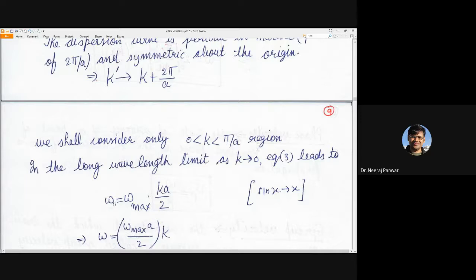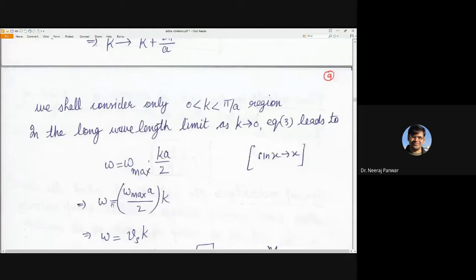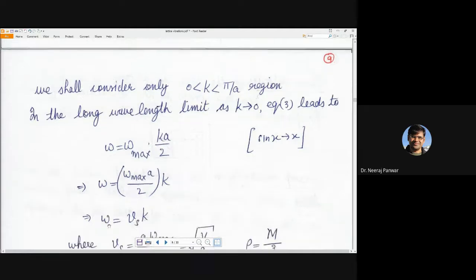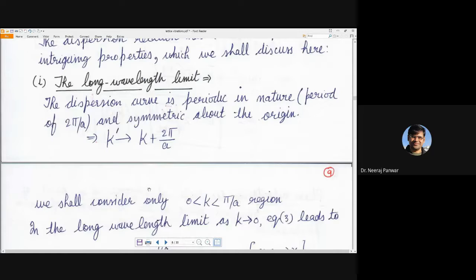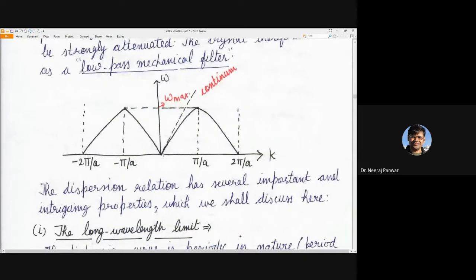So omega is equal to omega max a divided by 2 into k, which is nothing but the dispersion relation, omega is equal to Vs into k. It is a linear relation. That's why we have the same relation here.